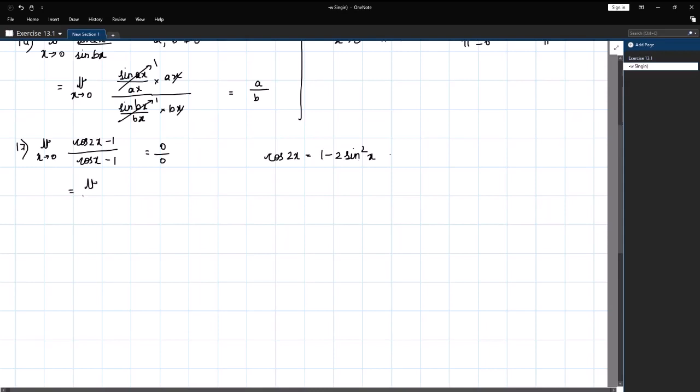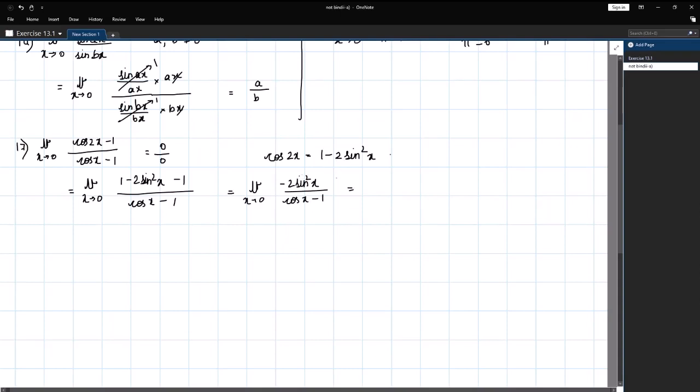We'll have limit x tends to 0, 1 minus 2 sine square x minus 1 by cos x minus 1. Then this will be equal to limit x tends to 0, minus 2 sine square x divided by cos x minus 1.